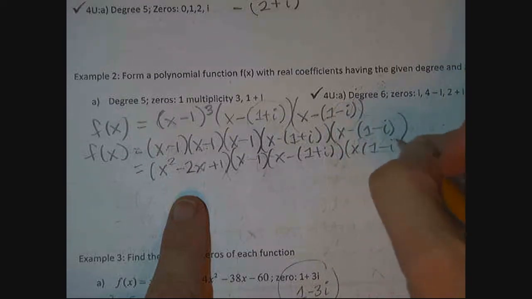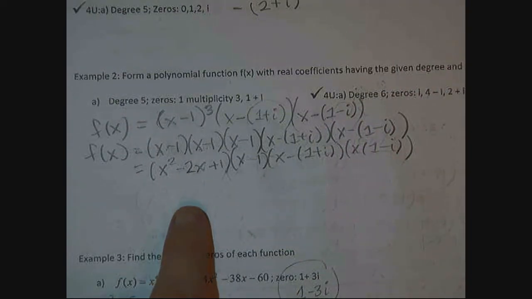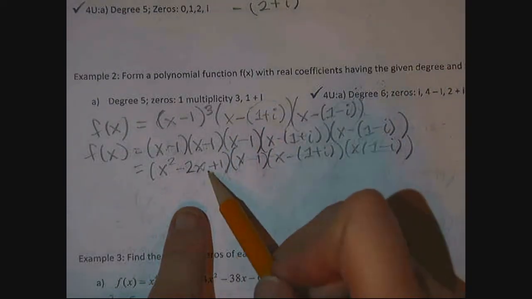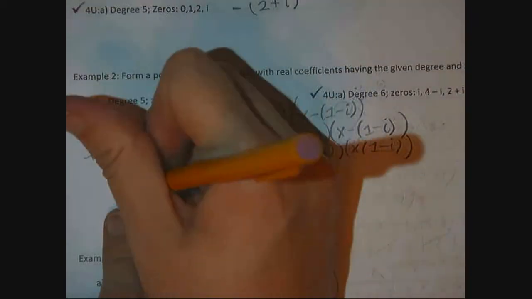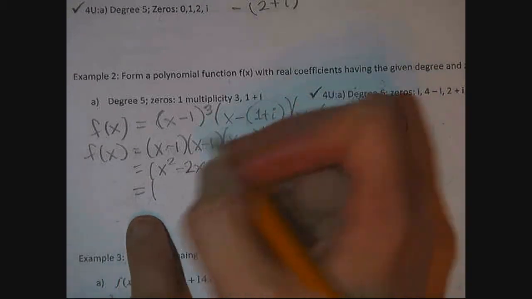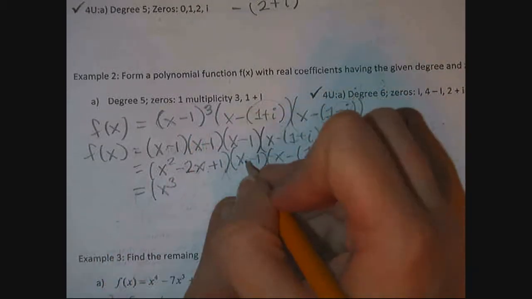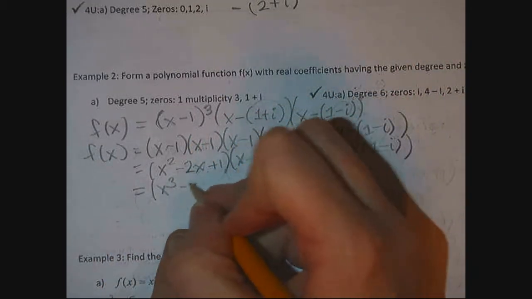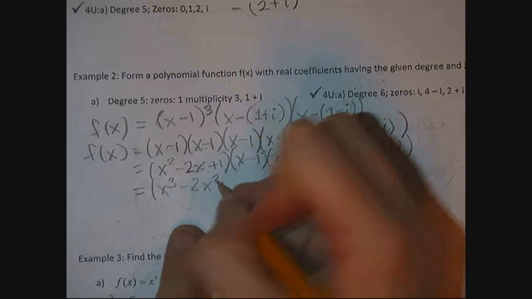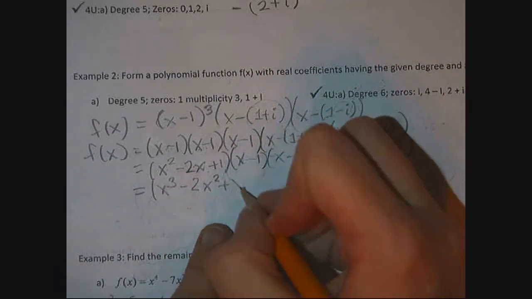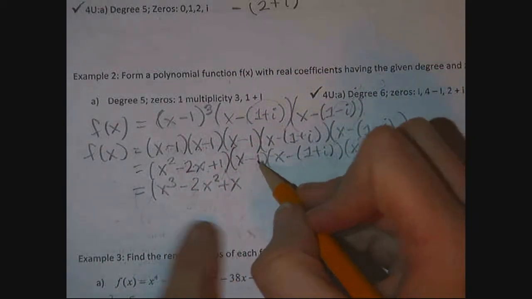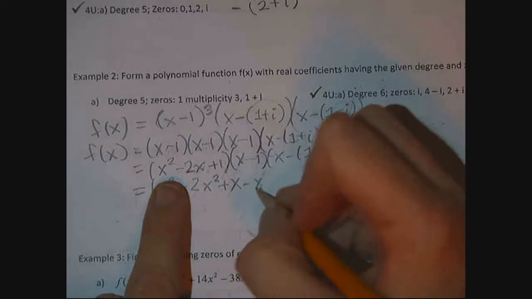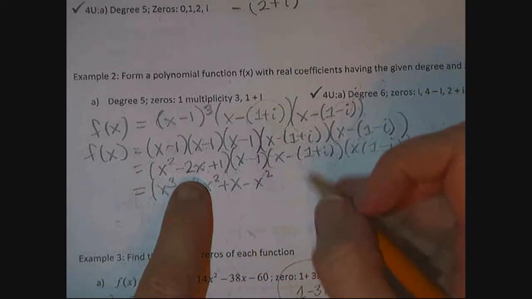Just copying all of this down. Now I need to distribute this trinomial and this binomial. Just continuing to simplify this out. So x times x squared gives me x cubed. x times negative 2x is negative 2x squared. x times 1 is plus x. Negative 1 times x squared is negative x squared.